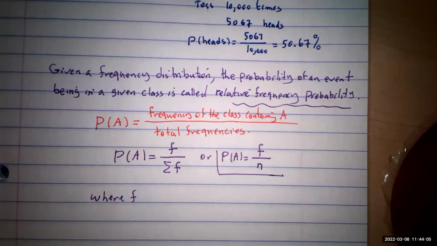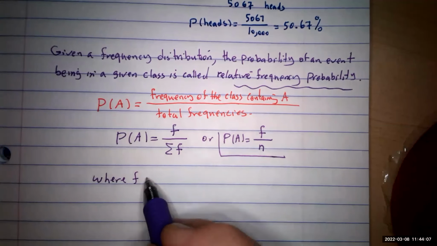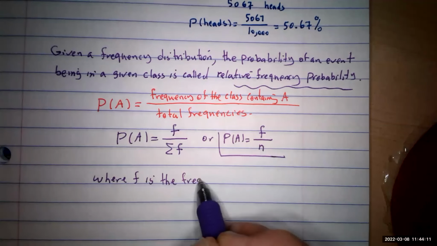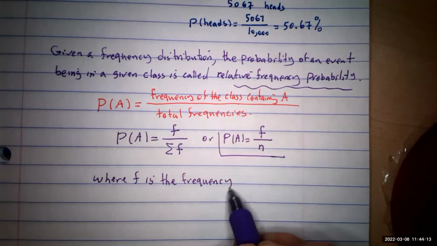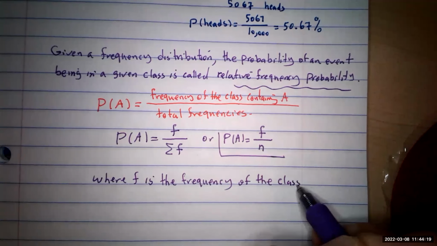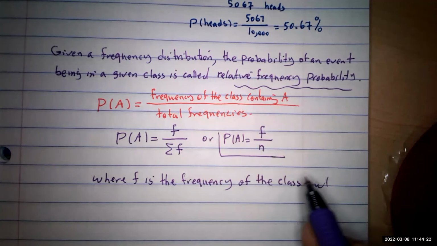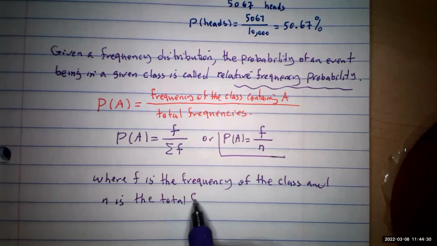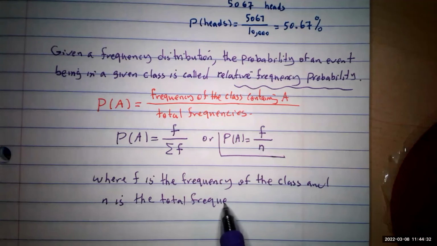Again, we emphasize that F is the frequency of the class, and N is the total number of frequencies.